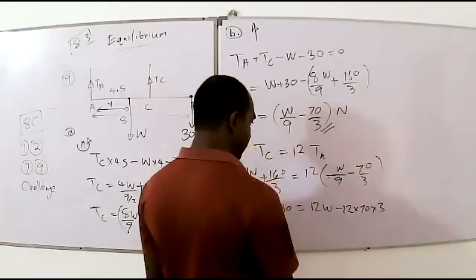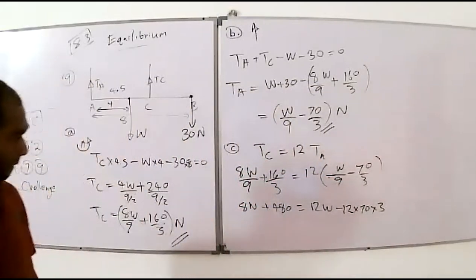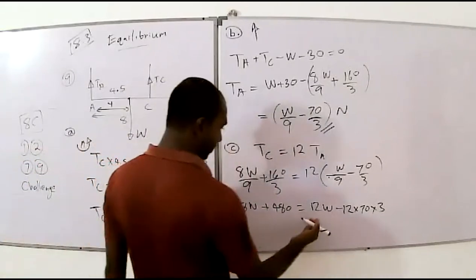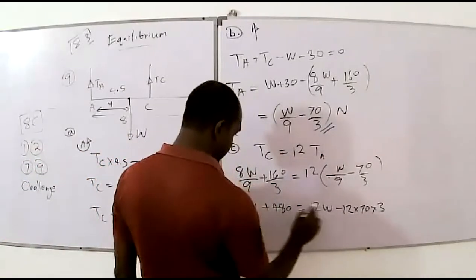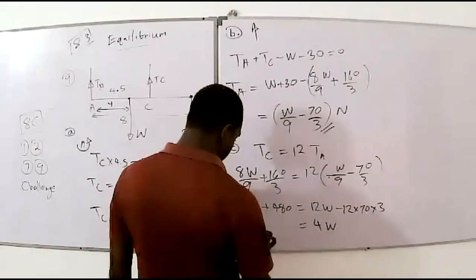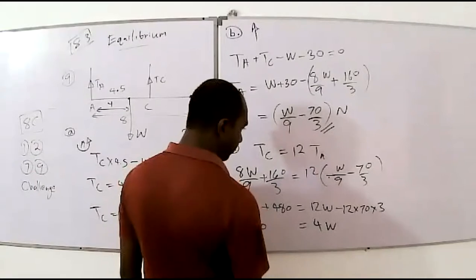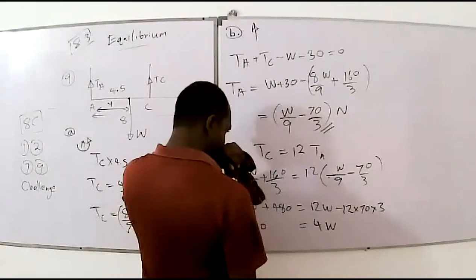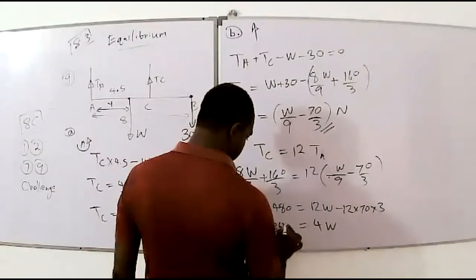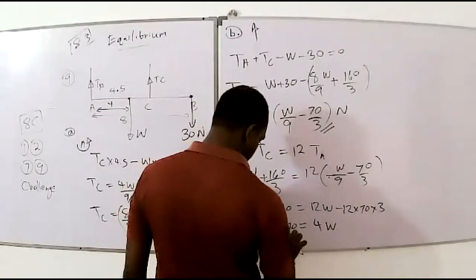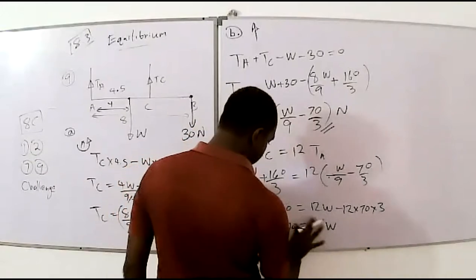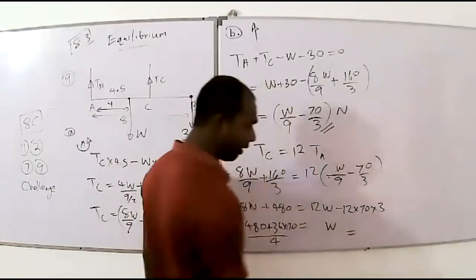It's going to be a little bit larger value. Take the W term to one side and the others to the other side: we have 4W equal to 480 plus 36 into 70. Then ultimately you divide that by 4, so you will have a value for W.